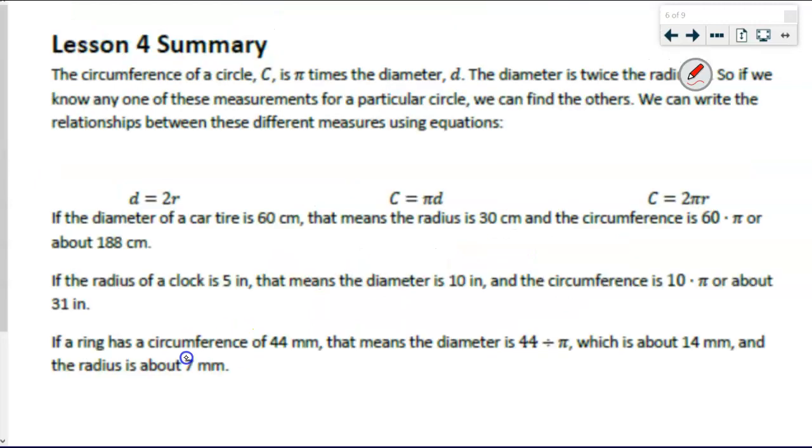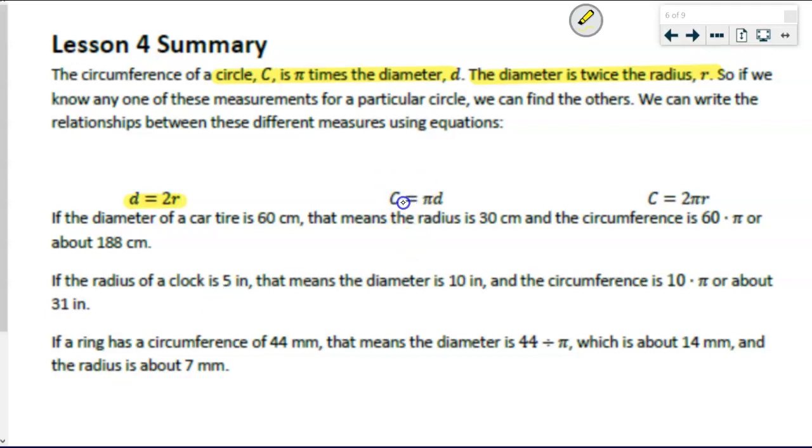Okay, let's summarize. The circumference of a circle is pi times the diameter, and the diameter is twice the radius. So if we know any one of those measurements for any particular circle, we can find the others. It is important that you understand the relationship between all of these. You need to understand that 2 radius is the diameter.